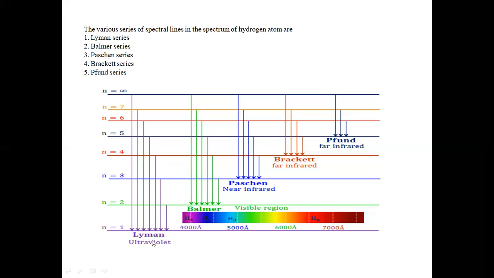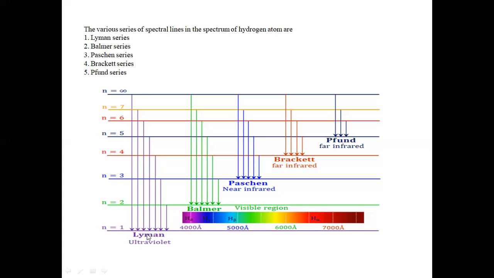That is, the Lyman series is produced when the electrons fall back from any of the higher energy levels, even from infinity, to the lower energy level, that is, to the first energy level.